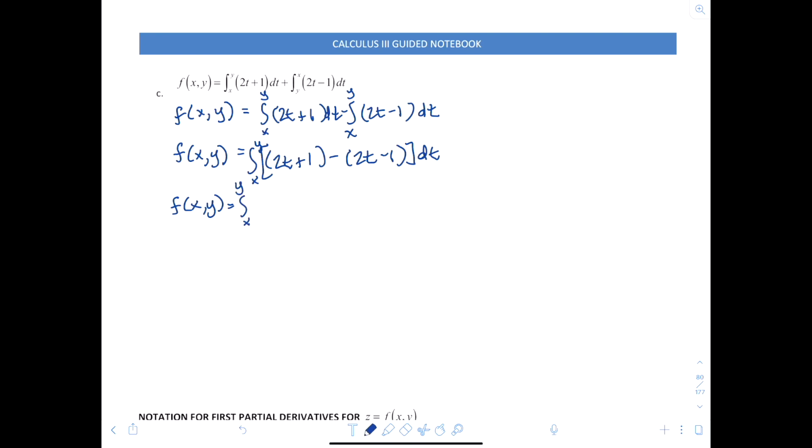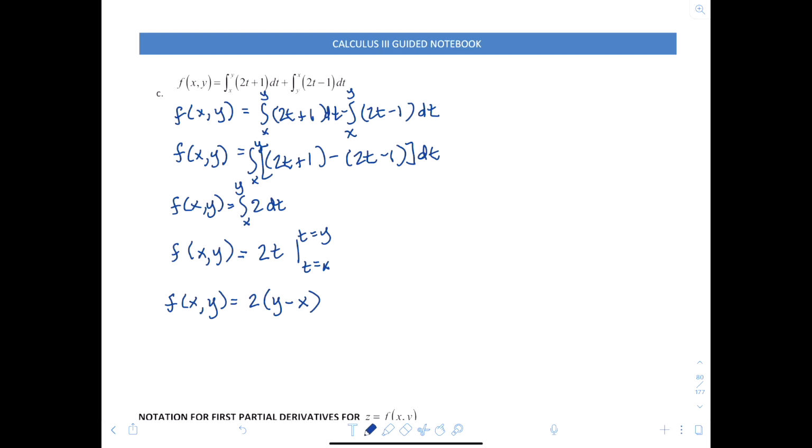The two t's zero out, and so we'll just get 2 dt. So now integrating, what would happen? We would get f of x and y will equal 2t evaluated from t equals x to t equals y. So f of x and y will be equal to 2 times y minus x.